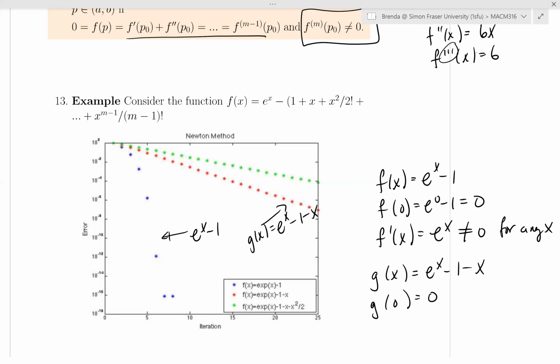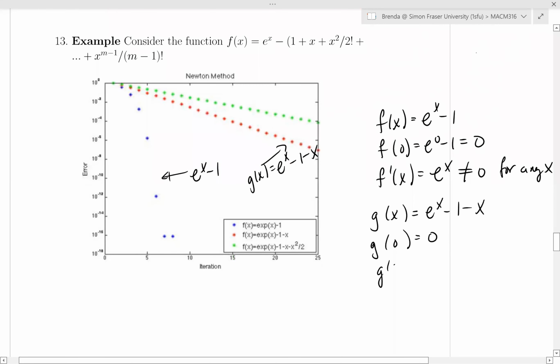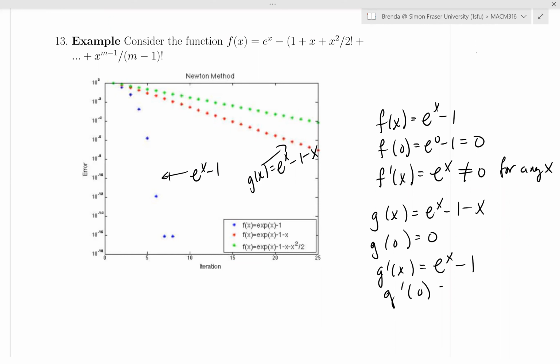There is a root at 0, and that's what you're trying to find. But g prime of x is e to the x minus 1. And that means that g prime of 0 is also 0. And in this case, g double prime of 0 is not 0. So now we have a root of multiplicity 2.